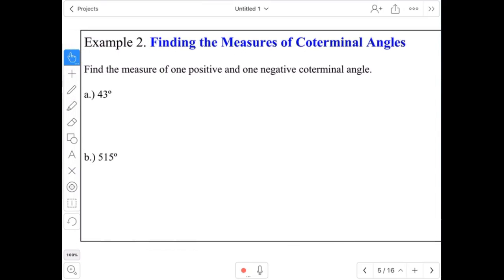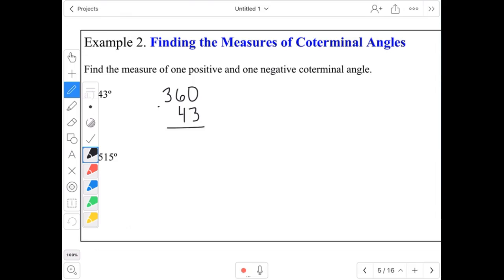So if we're going to find a positive and a negative coterminal angle for this first one of 43 degrees, I'm just going to take 360 because I know that's once all the way around, and I'm going to add that on to 43. So that'll be 403 degrees, which would be a positive one, because they want one positive and one negative.